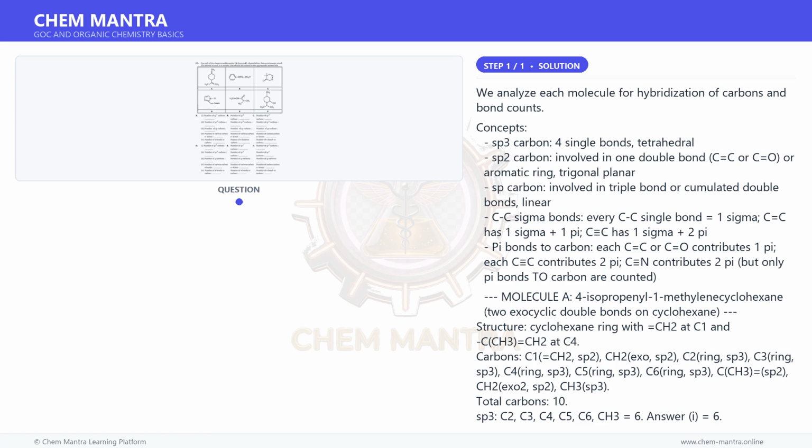Molecule E, H2C=CH–C(=O)–N(CH3)2, N,N-dimethylacrylamide. Carbons: CH2 sp2, CH sp2, C=O sp2, N–CH3 sp3, N–CH3 sp3.